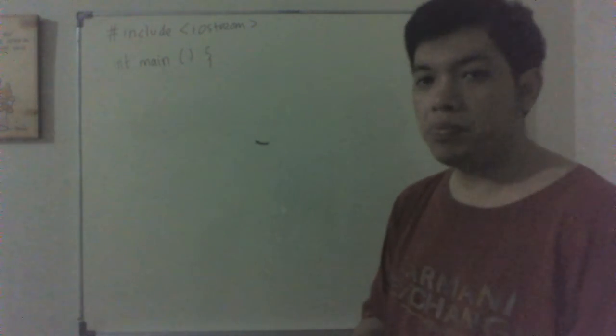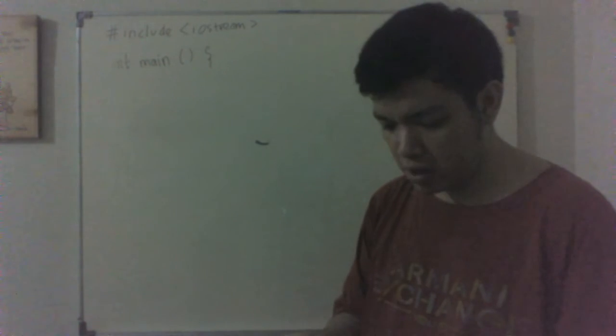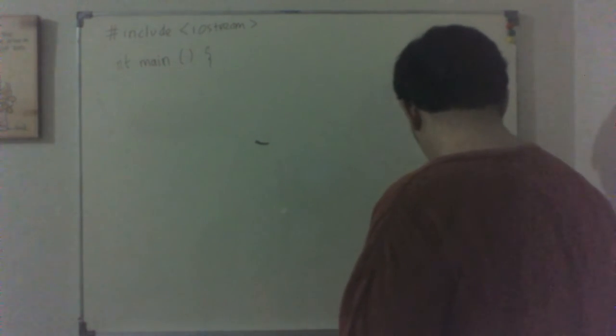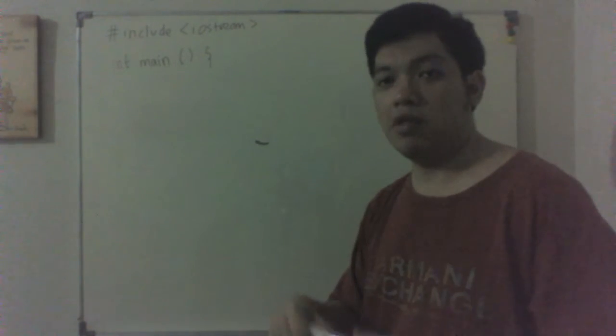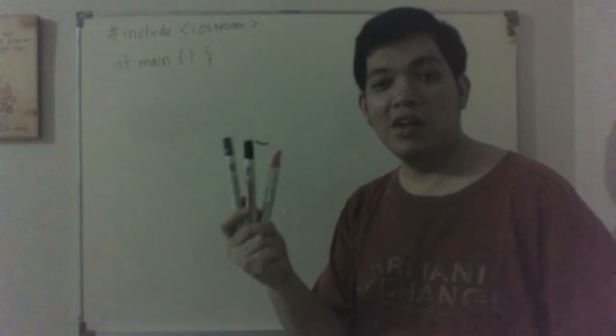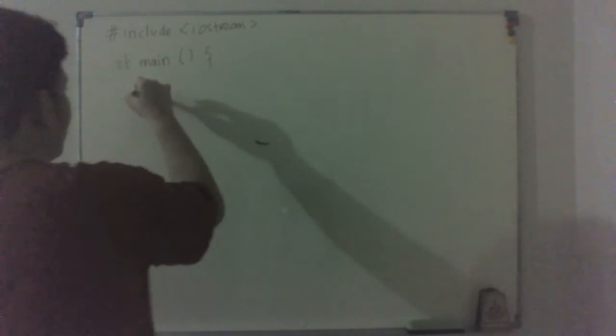On how to make a lambda, it's not that difficult. As far as I know, lambda is a feature starting from C++11, if I'm not mistaken. Now to use this lambda, I think I'm going to use all my markers because these 3 all have different colors here.